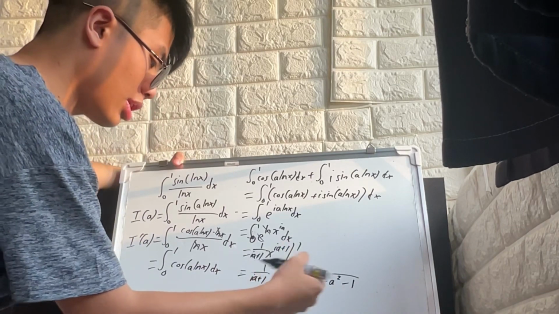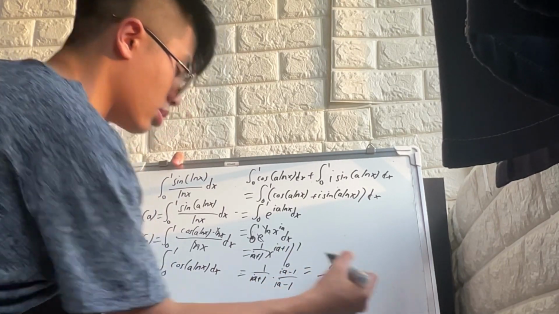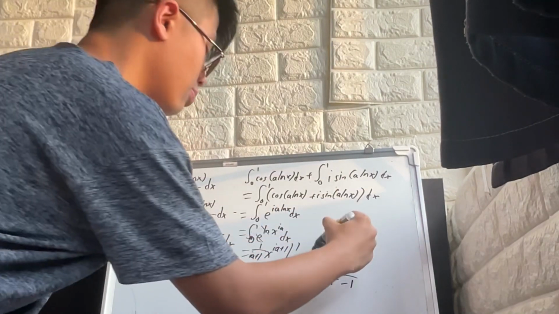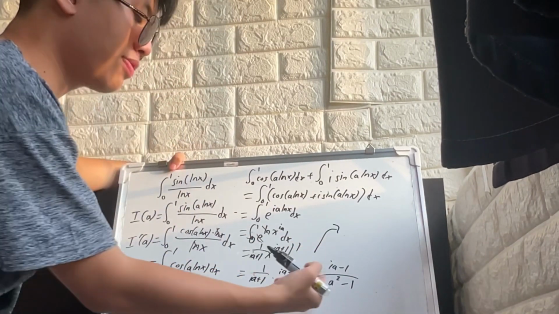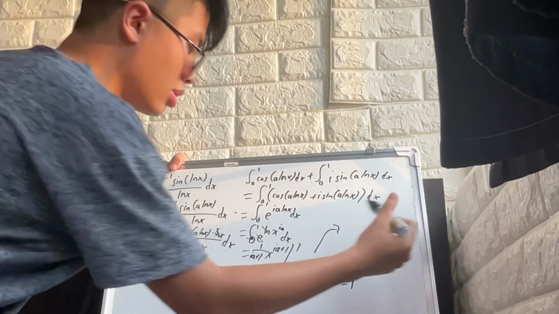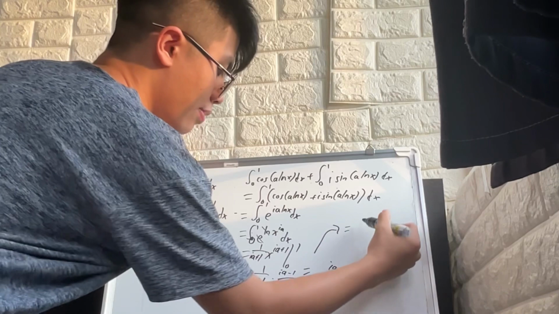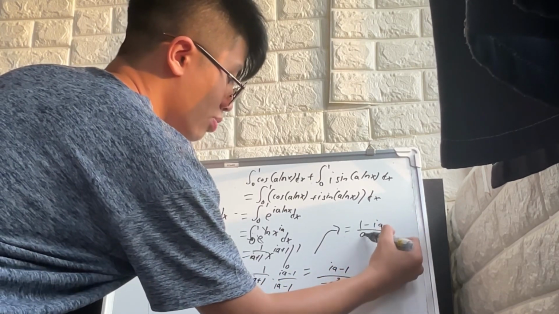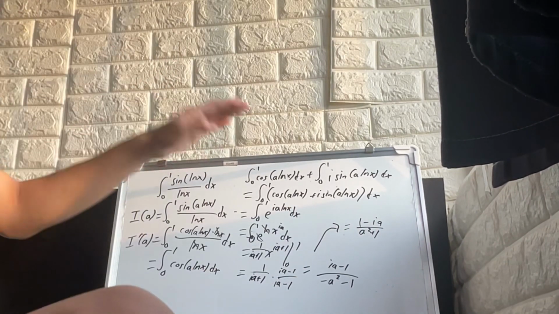On the top you get ia minus 1. Let me factor out the negative and switch the order, so you get 1 minus ia over a squared plus 1, right?